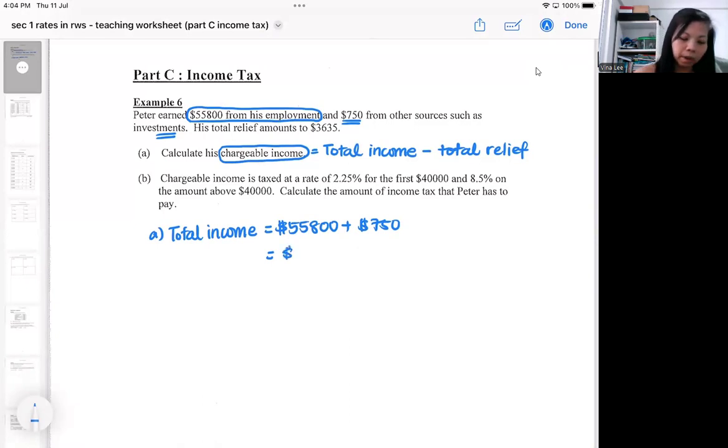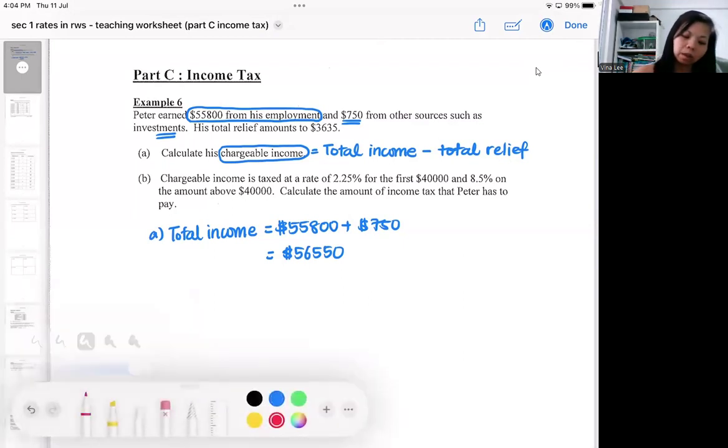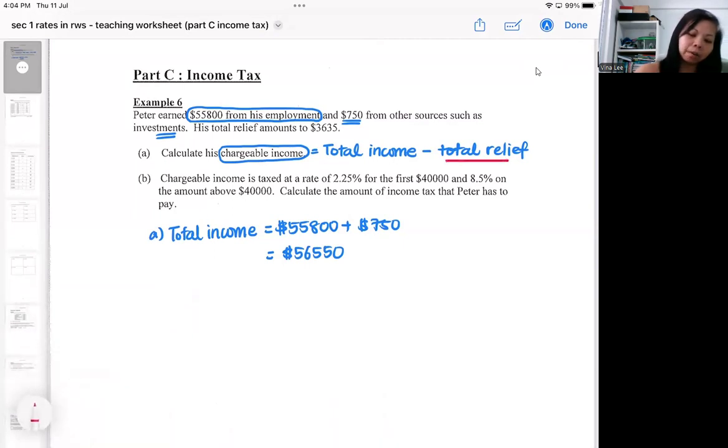So he actually earned this amount, but the government is not going to look at this amount and say, hey, you've got to give me a certain percentage of this, because the government will understand that you need to support your parents, your wife, your children. So relief means you need the money to support them.